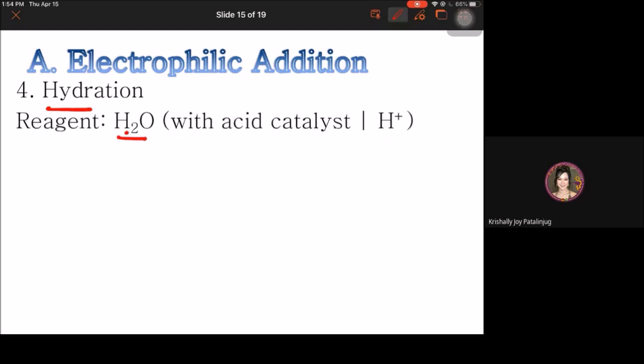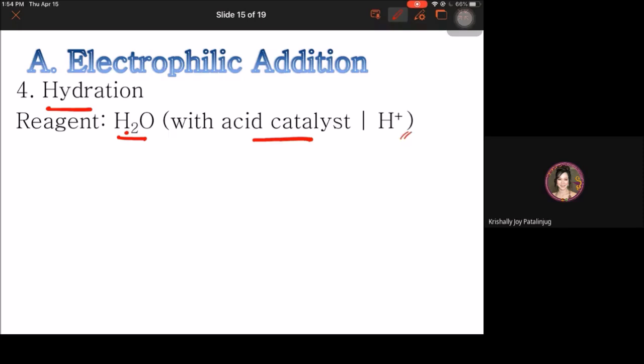And take note, this type of reaction commonly occurs during acidic condition. That is why hydration reaction always occurs in the presence of an acid catalyst, because at acidic condition, there should always be an acid catalyst.